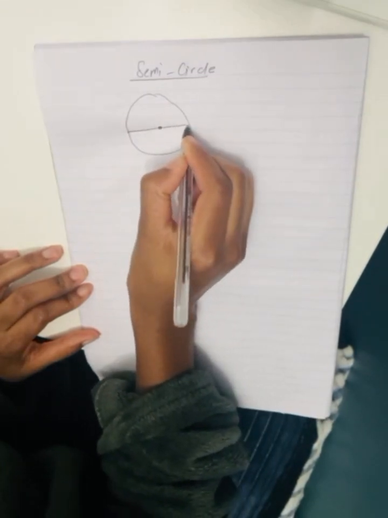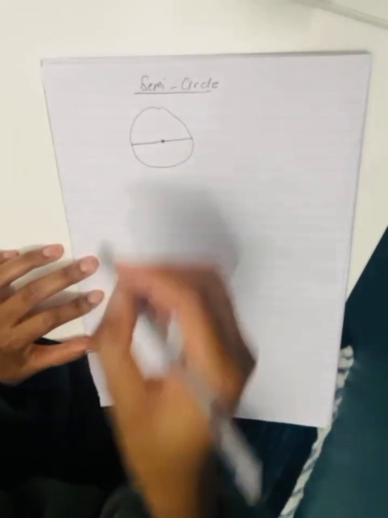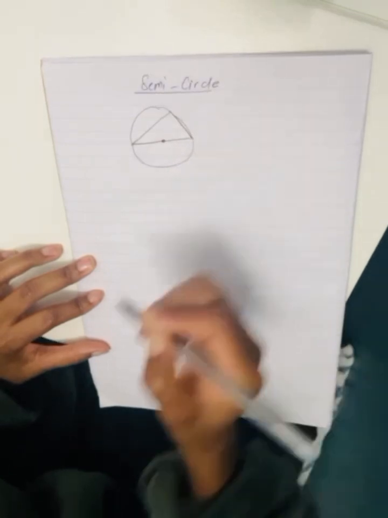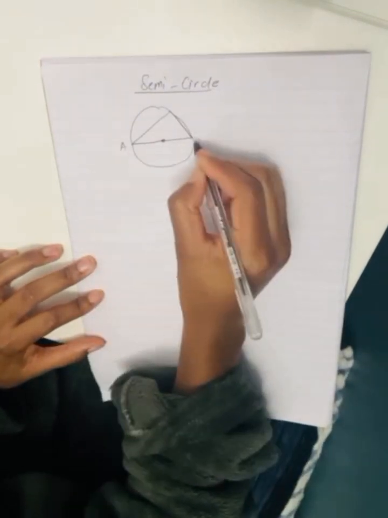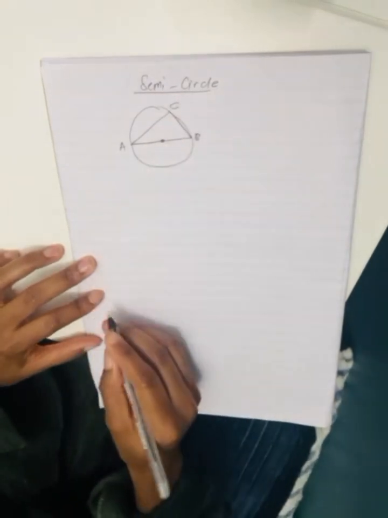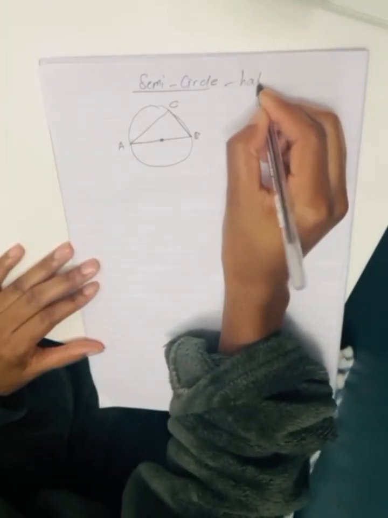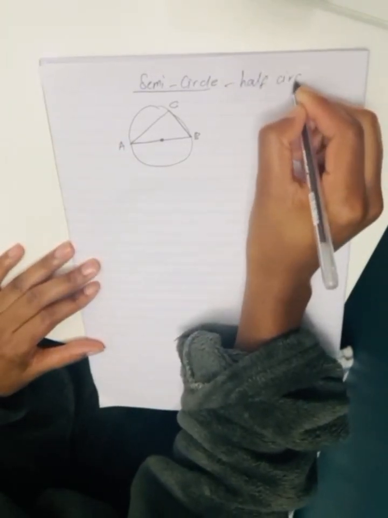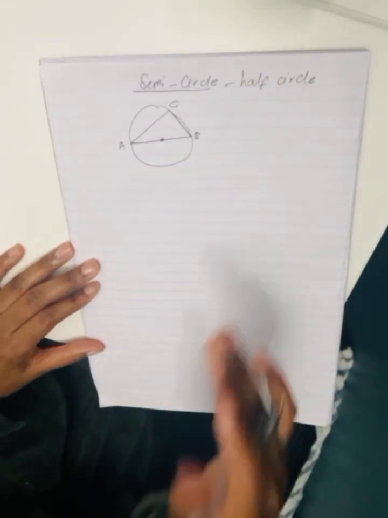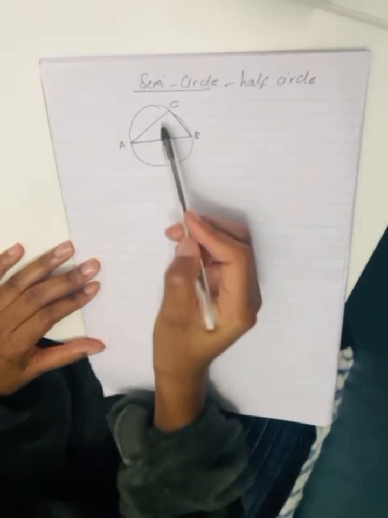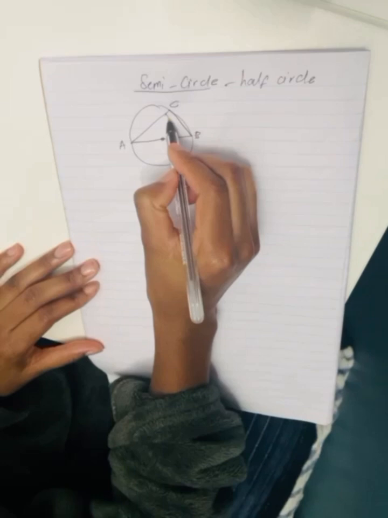So this is your diameter, and then it's going to subtend an angle here. This is A, B, and C. So a semicircle is half a circle, right? Meaning that a semicircle cuts the circle in half and then subtends an angle.